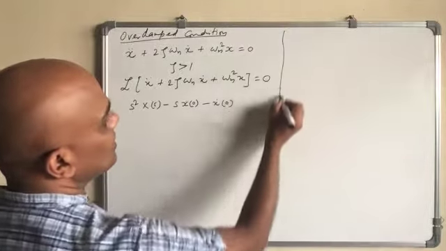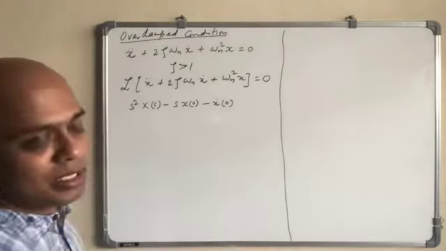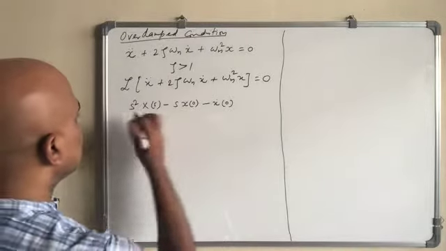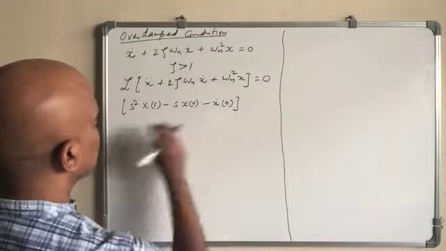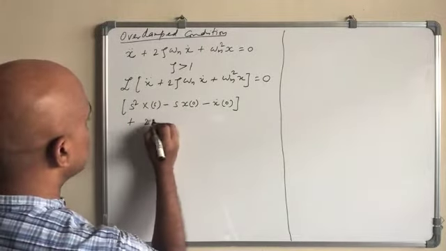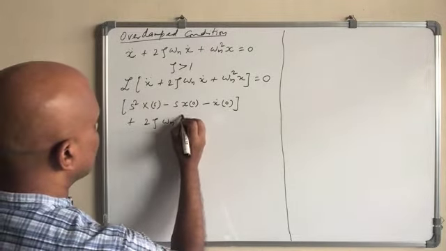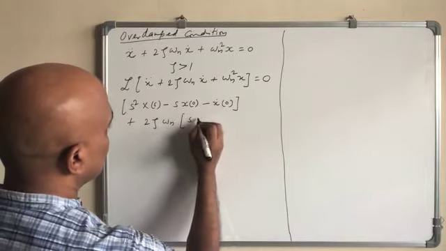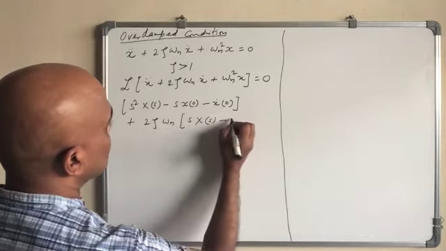Okay, so this is for the first term. Then for the second one, plus 2 zeta omega n, and then we have s Xs minus x0.